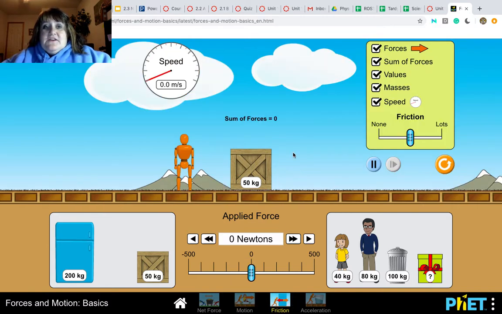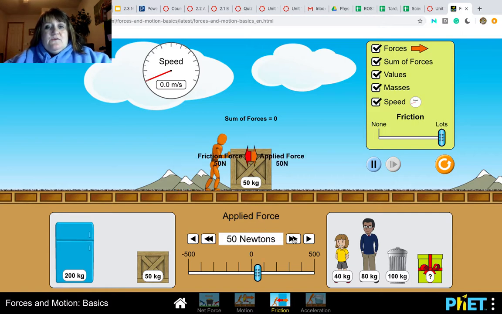Now let's look at friction. So same situation, but now you're on carpet. So if we turn this up and there's a lot of friction, and we start with the same crate and we apply 50 newtons of force, what I want you to notice is that you have 50 newtons of friction at the same time and we're not moving.